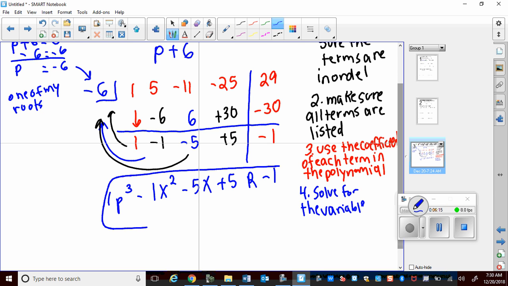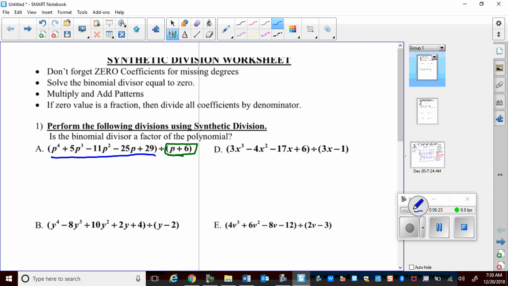There's number 1. So we're going to do the same exact thing on the next problem. So I'm going to go back, write my answer in: 1p cubed minus 1p squared minus 5p plus 5 with a remainder of negative 1.